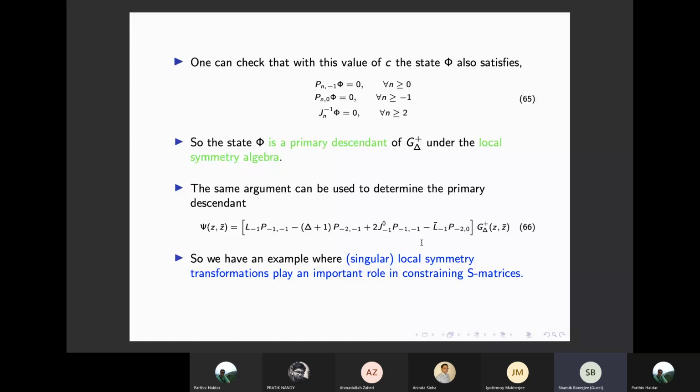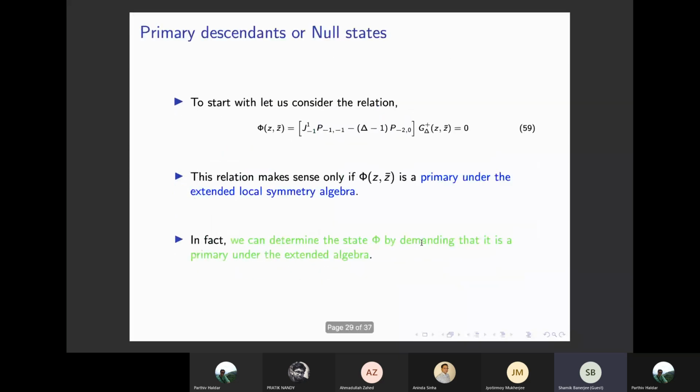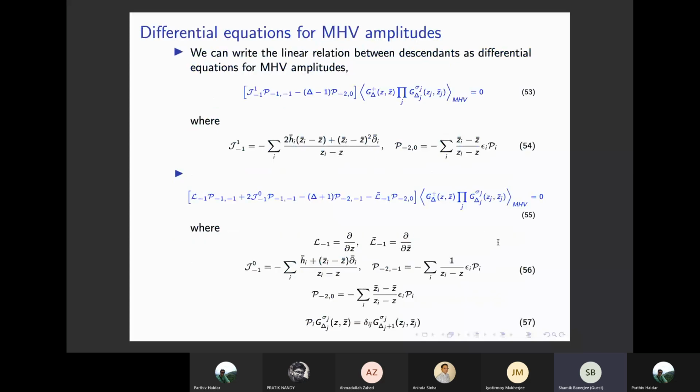And then once we have these null states or primary descendants, we can easily get these equations, because this equation is essentially that statement.